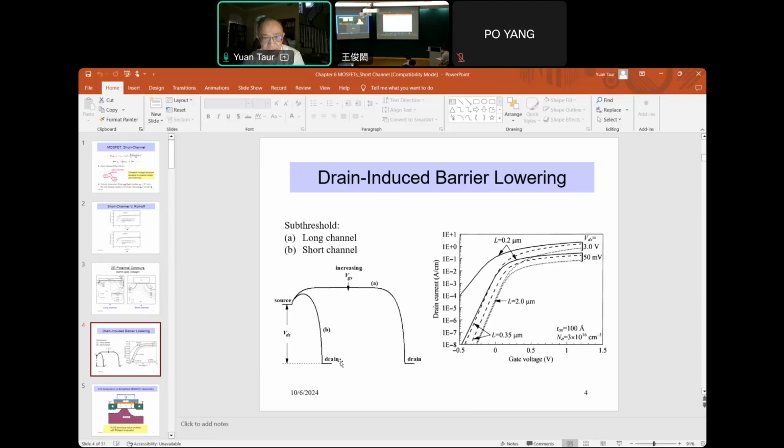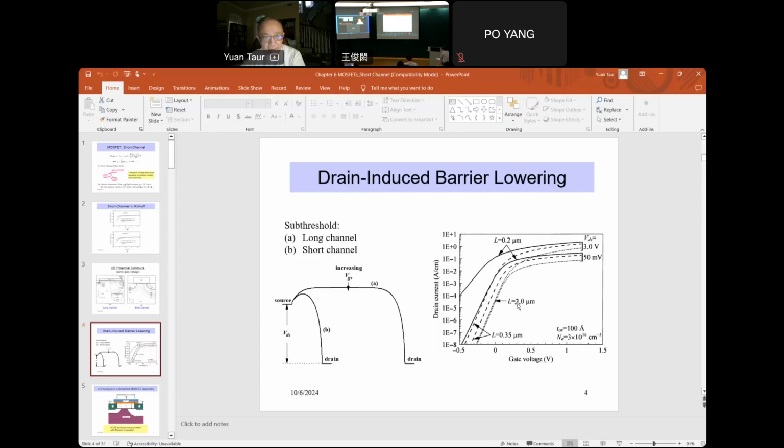So the current is now partially controlled by the drain. If you go further, the current will persist even to very negative gate voltage. In that case, we call it punch through. The gate is completely losing control, and the current flows in the subsurface. You can no longer turn the device off, so that's a problem we need to avoid.